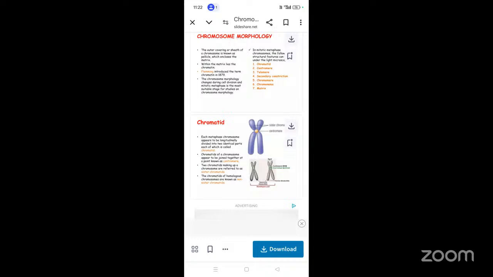Special type of chromosomes, the accessory chromosomes. In many species, chromosomes are found in addition to the normal somatic chromosomes. These extra chromosomes are called accessory chromosomes, or supernumerary chromosomes. These chromosomes are broadly similar to the normal somatic chromosomes in their morphology, but have some peculiar functional aspects.